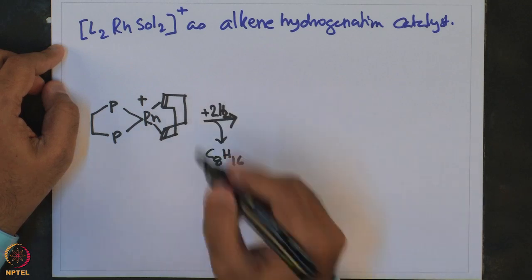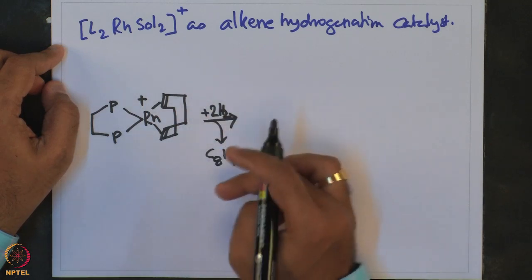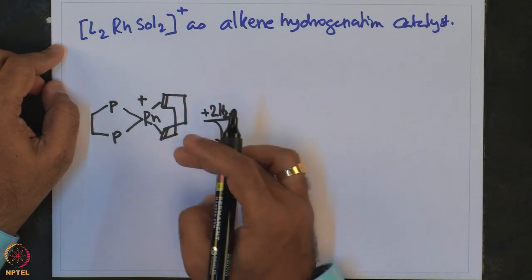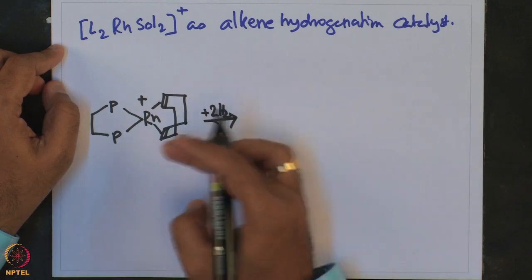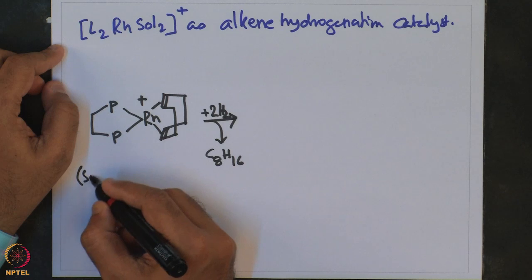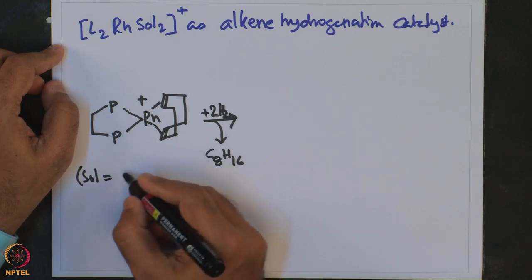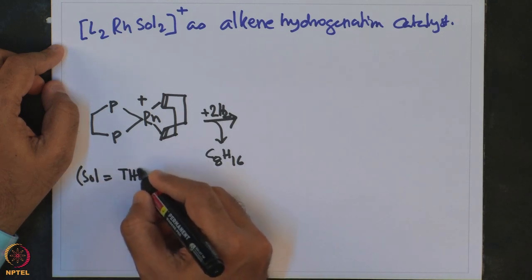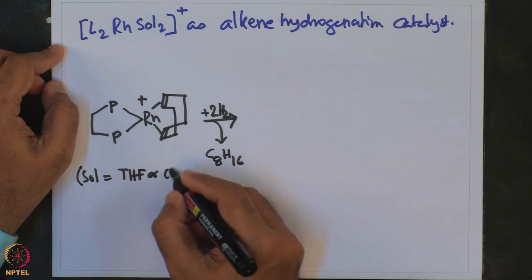The hydrogenation occurs and then the cyclooctane does not coordinate with rhodium, leaving sites for solvents to bind to the rhodium. Sol is some coordinating solvent like THF or CH3CN.